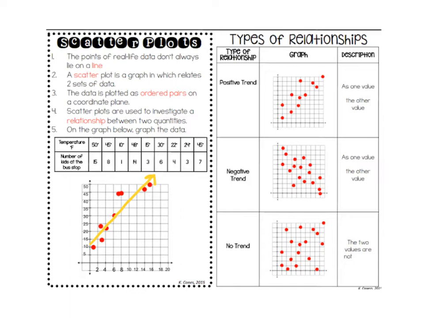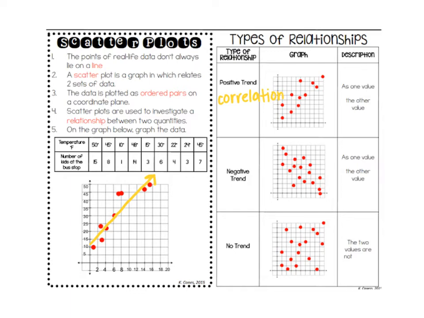We're going to have three types of relationships, or really two relationships and no relationship at all. The first one is a positive trend. Another word that you're going to hear is correlation. Correlation basically just means what relationship you see happening together with these two things.